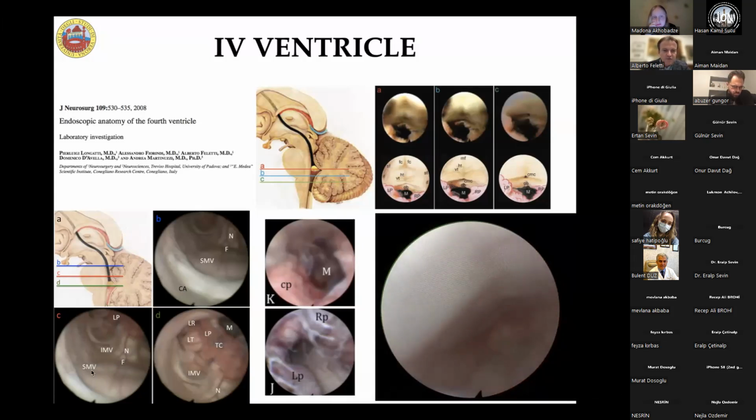And this kind of vision can be very important also for young neurosurgeons to understand some anatomical landmarks, especially when we have to perform a microscopic approach to the fourth ventricle, like the telovelar approach. Seeing the fourth ventricle from inside makes the anatomical landmarks much more clear than when we look at them from outside.